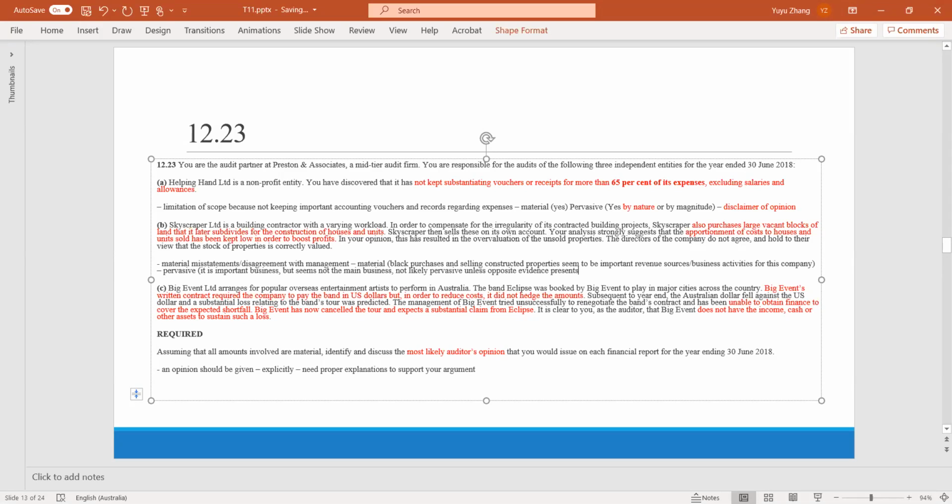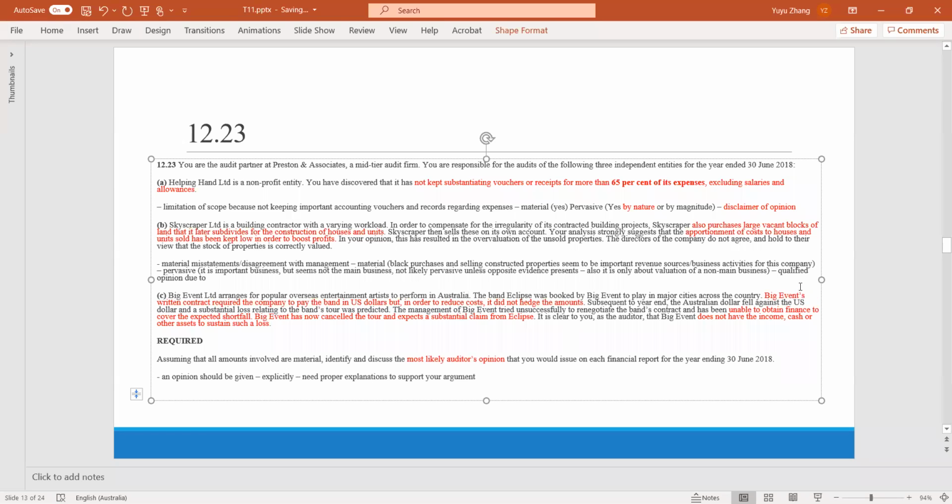So also it's only about the overvaluation of a non-main business. Okay, so what is the opinion? So qualified opinion due to material misstatements, right? Okay.